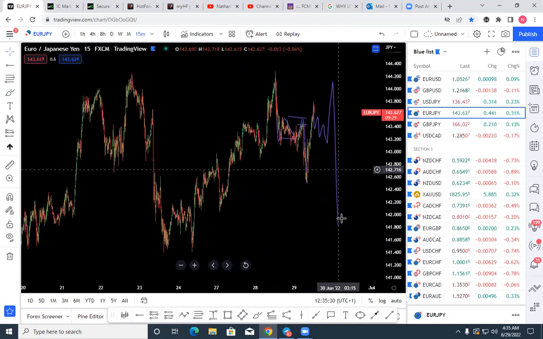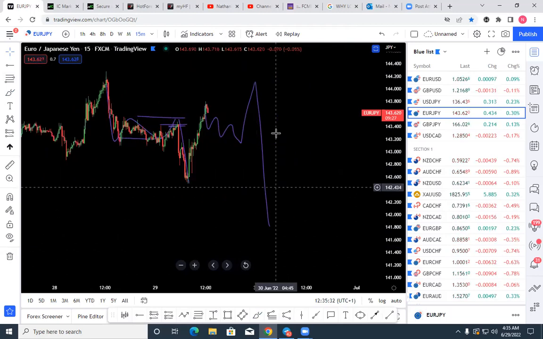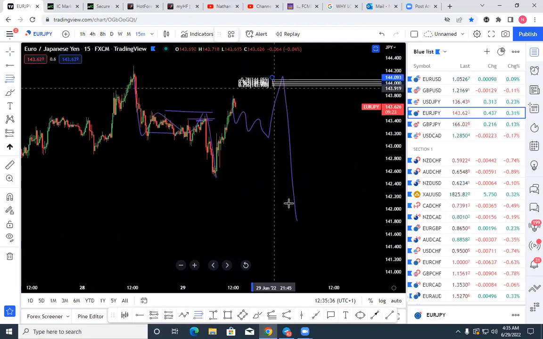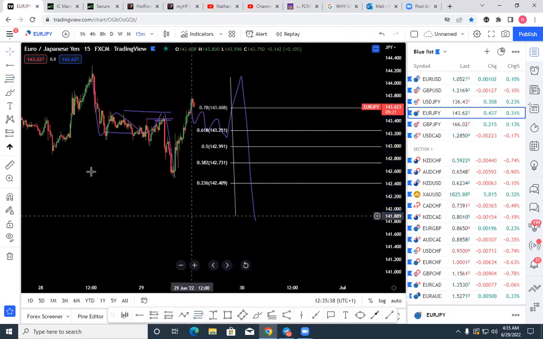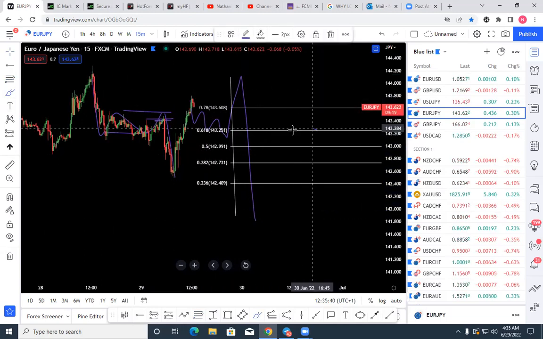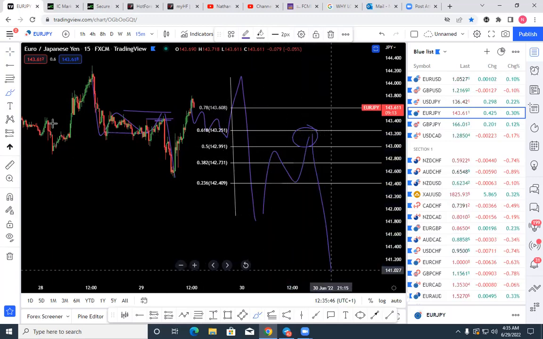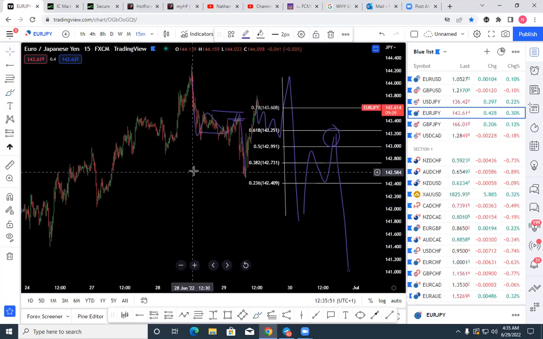Probably this final push down is going to be a very hard and very smooth one. That is the one that we can logically take a fib, determine the corrective structure, define it. When it is okay by 50 to 61.8, we take a move to the downside. So that is it on Euro JPY.